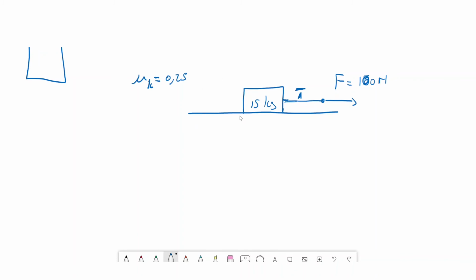Okay. So what is going to happen is that this object is going to feel a tension force T here. That is going to be the tension force T that is going to be felt here. And then there's going to be acceleration. And that tension force T here is going to be this 100 Newton. Sorry, you can't find the tension force. You can find the acceleration maybe.